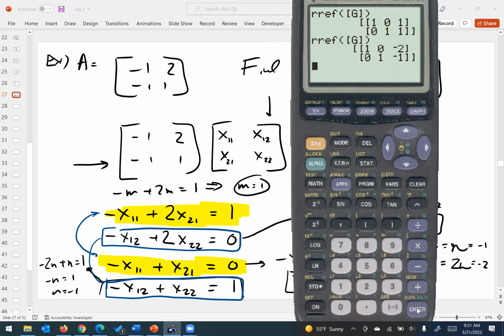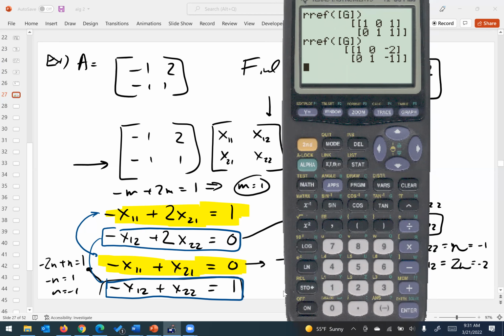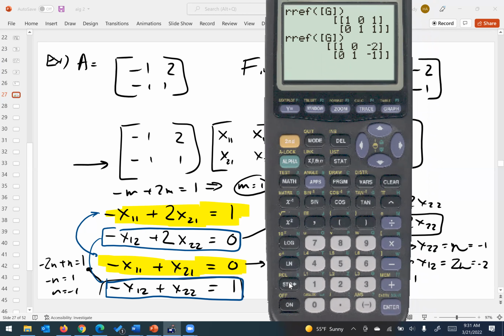So I got my -2. X1, 2, -2, and -1 are my inverse matrix operations here. Okay. I know we're in the weeds here for a little bit.